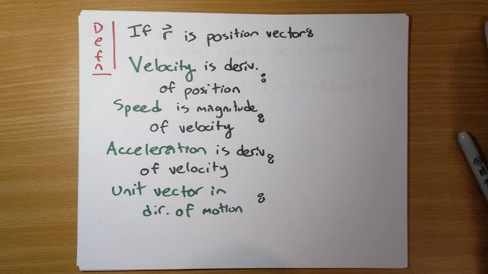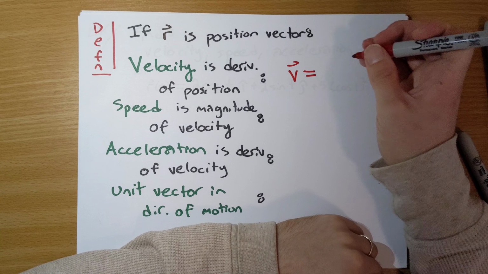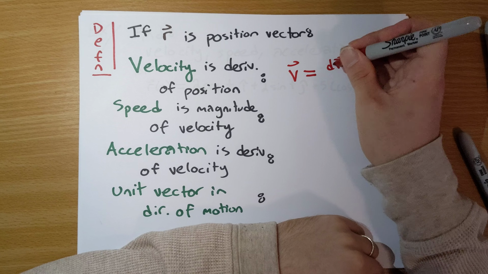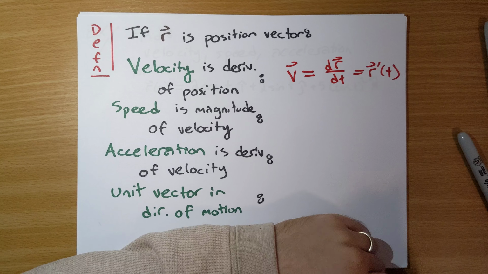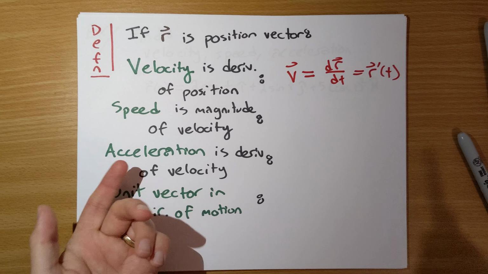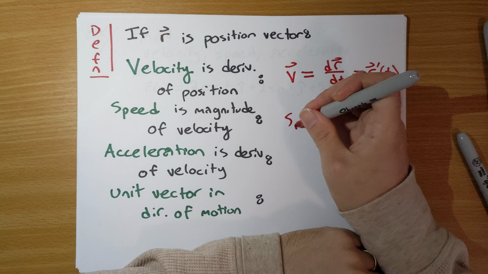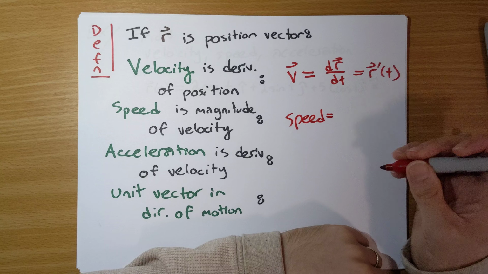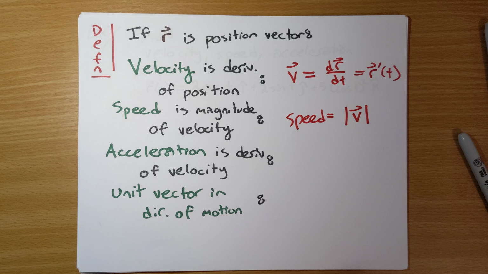So we can write here that v is equal to dr dt, or equivalently r prime of t. And then once you have velocity, speed is the magnitude of velocity. So speed is equal to the magnitude, the length of the velocity vector once you've computed velocity.